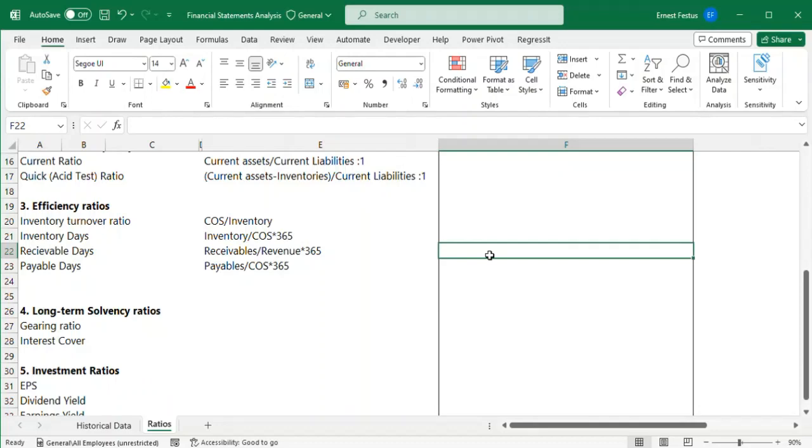When you have an increasing number of days of receivables, that can be an issue for your liquidity position, because your debtors are not paying you, and so you might not have enough resources to cater for your short-term obligations as they fall due, or to pay your payables and other things.